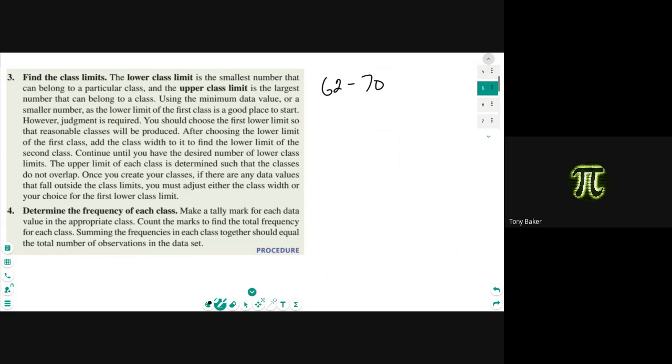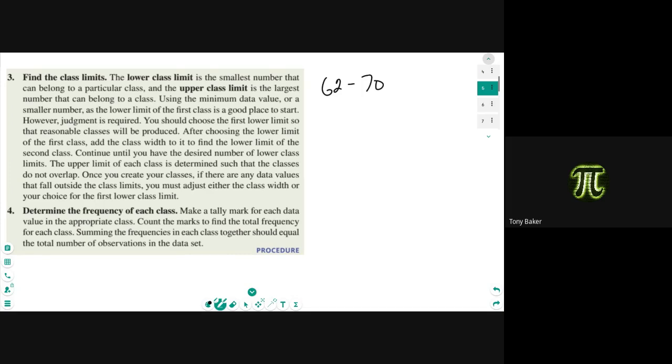When you count, a lot of times you don't count one of the endpoints. You go 62, 63, 64, 65. But are we going to put 62 in this category? Yeah, so 62 counts. Are we going to put 70 in this category if 70 was there? Yeah, 70 would count.